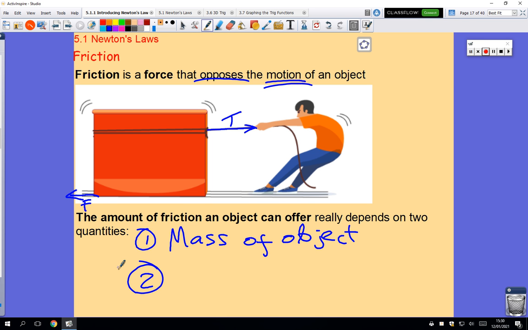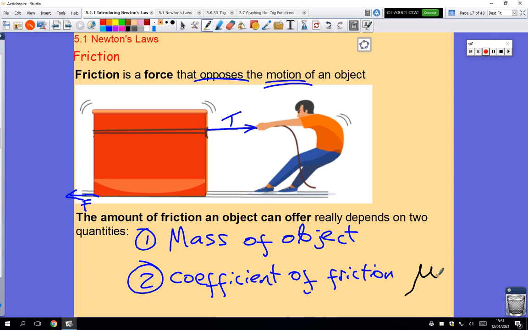quantity that friction depends on is something called the coefficient of friction, which is usually denoted with this letter. Here it's a Greek letter, and you may have seen it before. It's mu. So the coefficient of friction is mu.